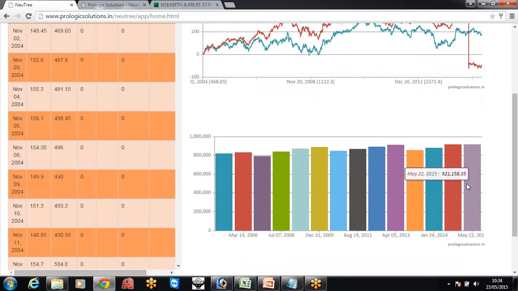So this trade generated a total value of around 9,21,000. That is, you buy Canara Bank and you short SBI. SBI one lot, Canara Bank 994 shares in the spot market. So your total turnover is around 9,21,000.